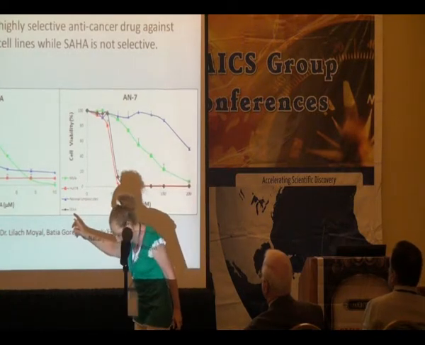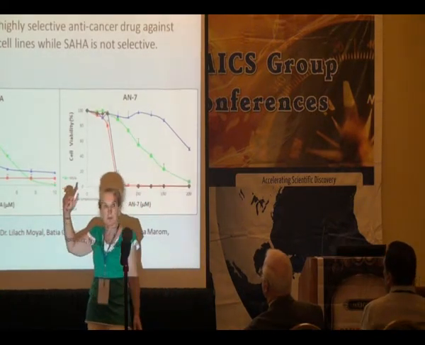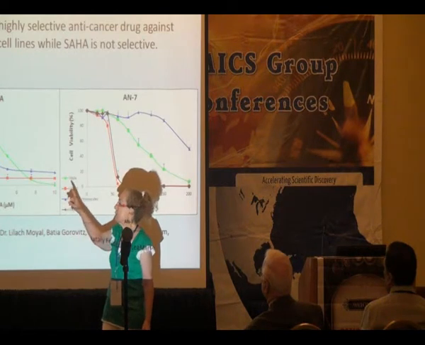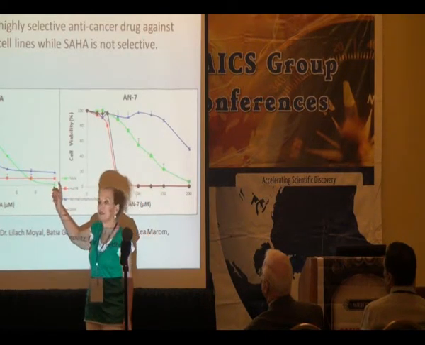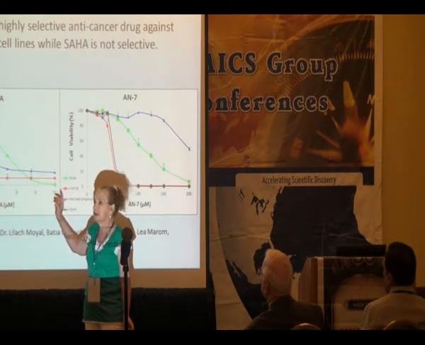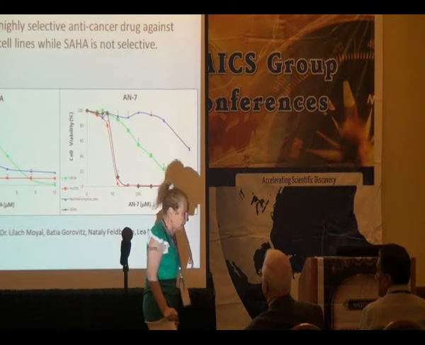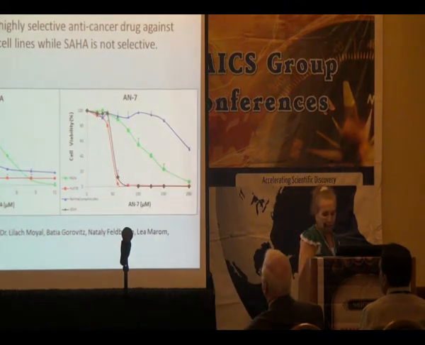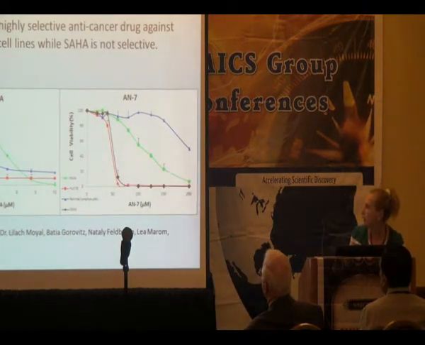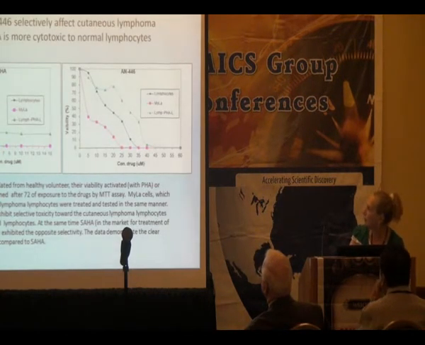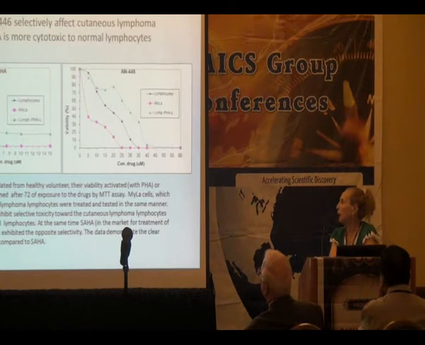Whereas SAHA, which is the drug that was approved to treat cutaneous lymphoma, exhibits the opposite selectivity. It affects mostly lymphocytes and to a lesser extent the cancer cells. So we hope to get with this model to the in vivo and to the clinic eventually.